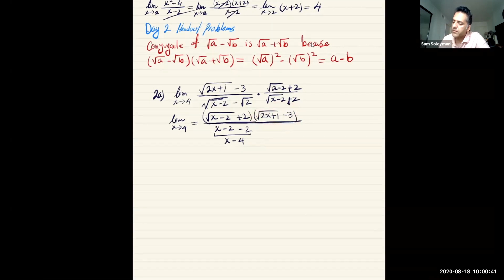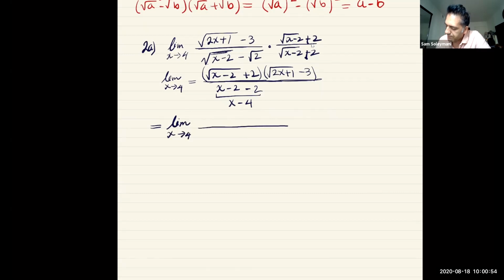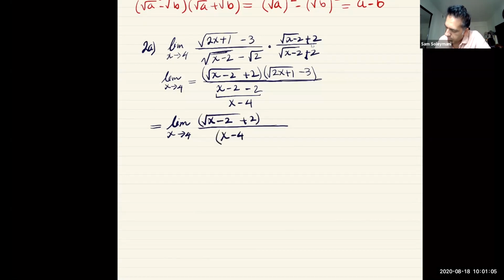So let me go one step further. I just want to go over a variation of what both Mitch and Aika explained. So that's the x minus 4 factor, and we have the square root of 2x plus 1 minus 3 factor.